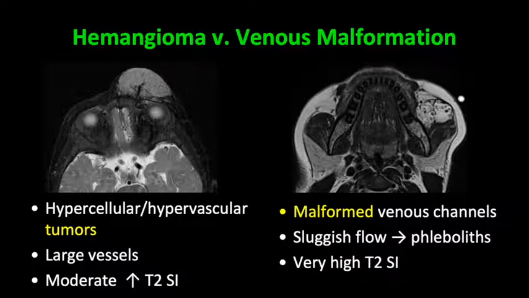The image on the right represents a masseteric venous malformation: not a tumor, but malformed venous channels, with sluggish flow, not very cellular, very bright T2 signal, and the characteristic presence of phleboliths. No vascular flow voids in these low flow vascular malformations.